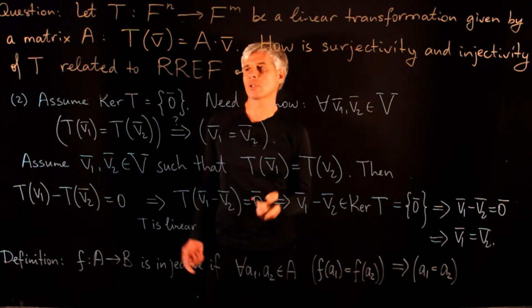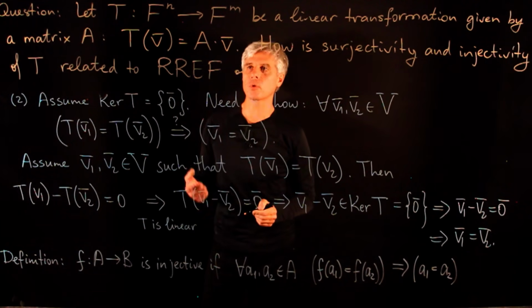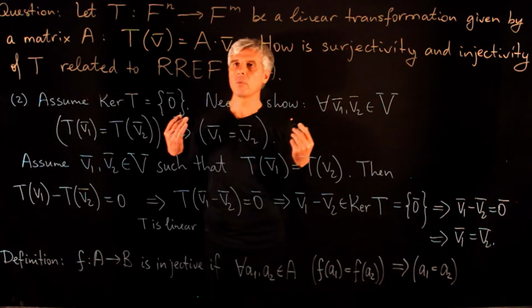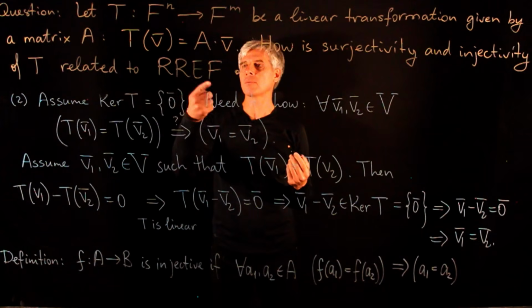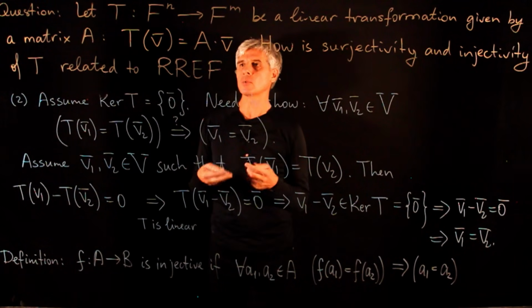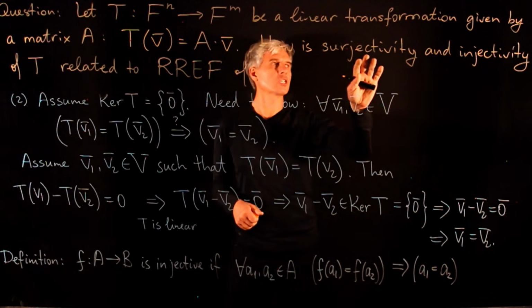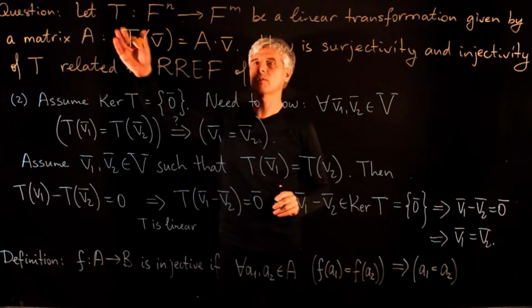So in other words, suppose we know what the reduced row echelon form of A is. Which features of the reduced row echelon form of A do we need to look at to make conclusions about surjectivity and injectivity of this transformation?